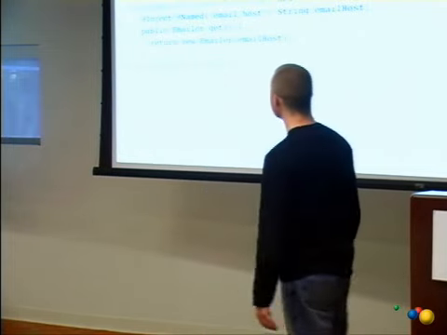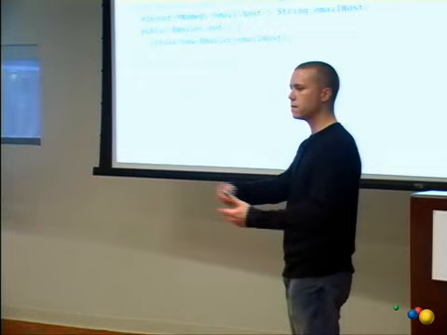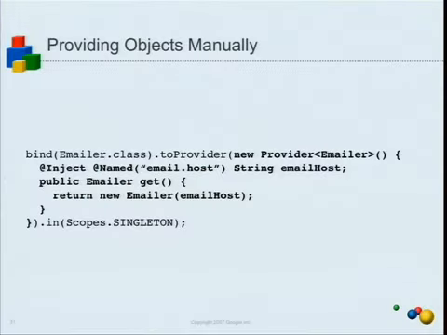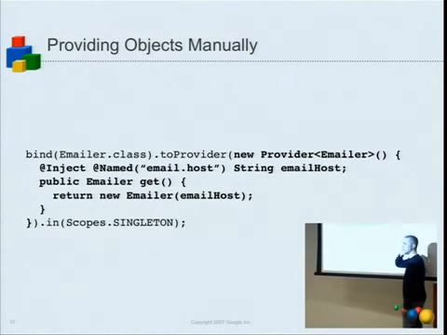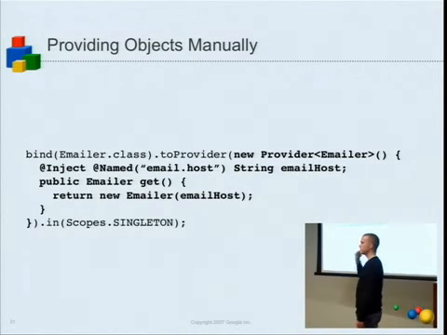So you still want to be able to inject these things into other classes, right? So here's an example of that. Let's say we couldn't let Guice create an instance of emailer and we wanted to create it ourselves. So that's where Guice provides this interface called provider. Provider is a simple interface with a get method that returns an object. It's as simple as that.